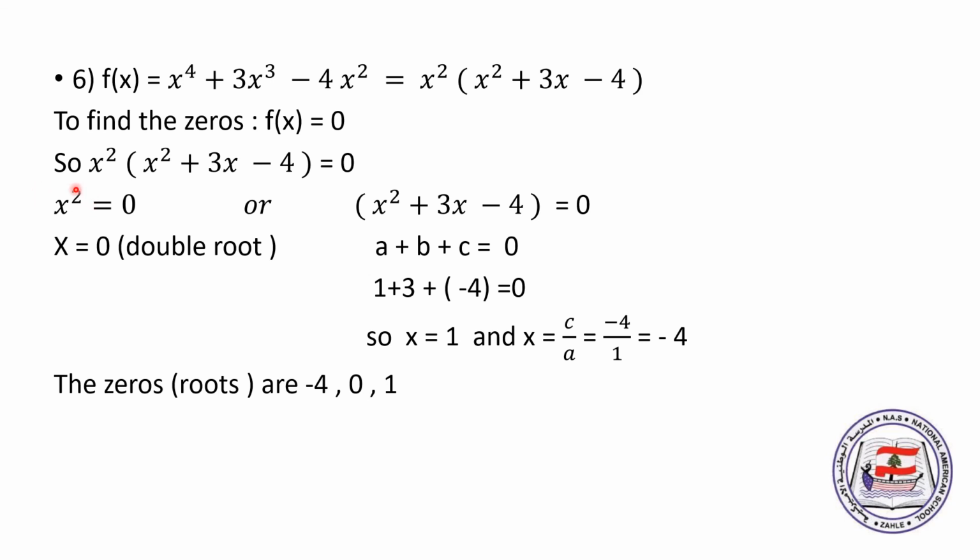The first equation gives x equal to 0 as a double root, and the second quadratic equation gives an evident root since a plus b plus c is equal to 0. So x is 1, and the second root is negative 4 over 1. It means negative 4. So the three roots or zeros for this polynomial are negative 4, 0, and 1.